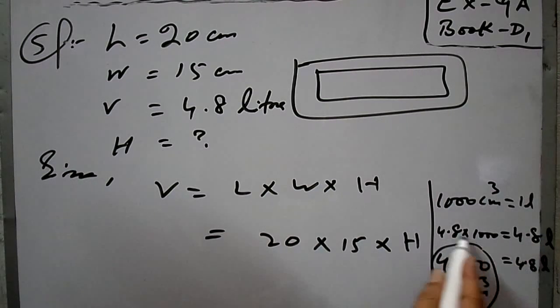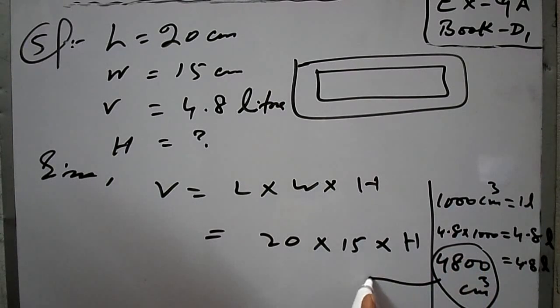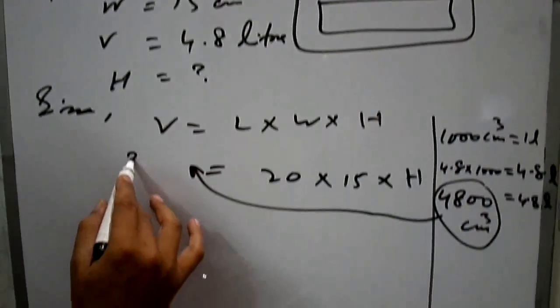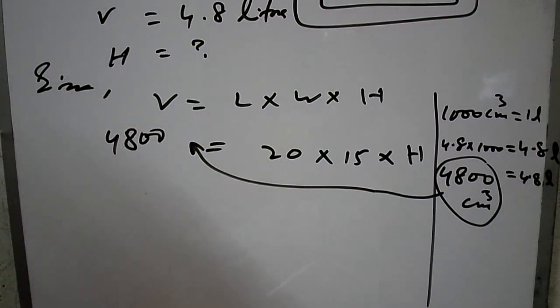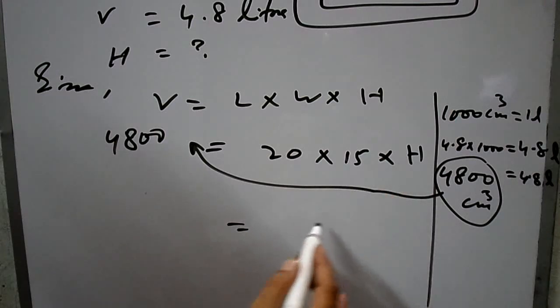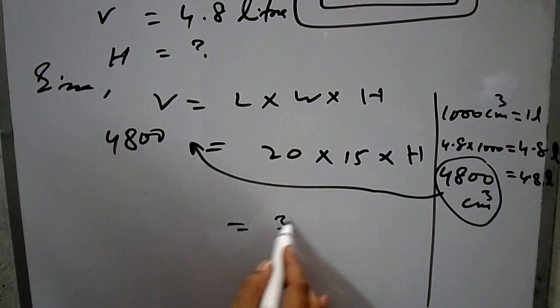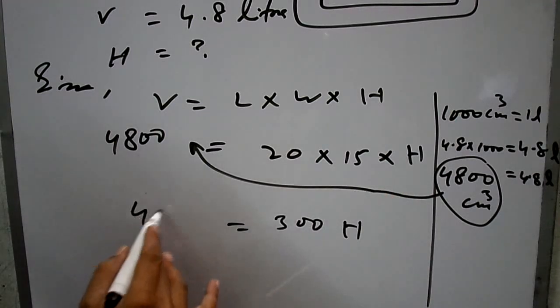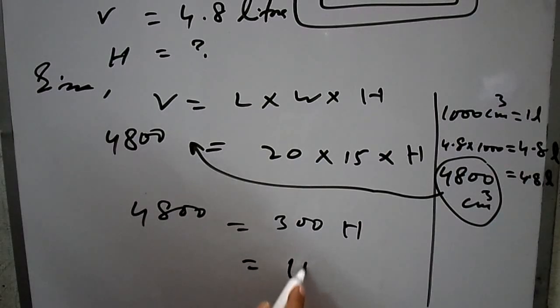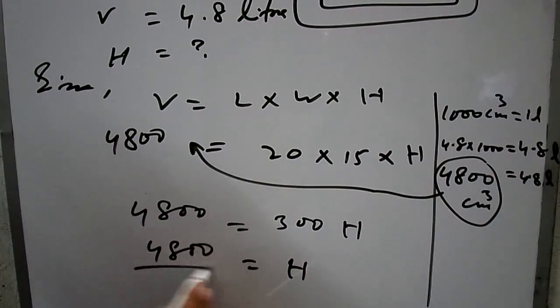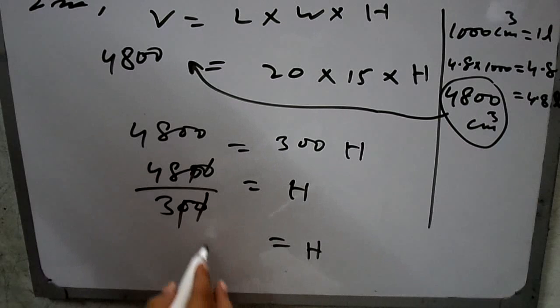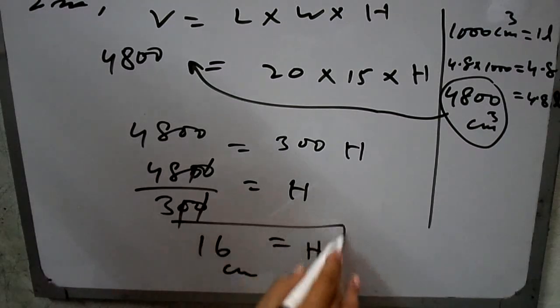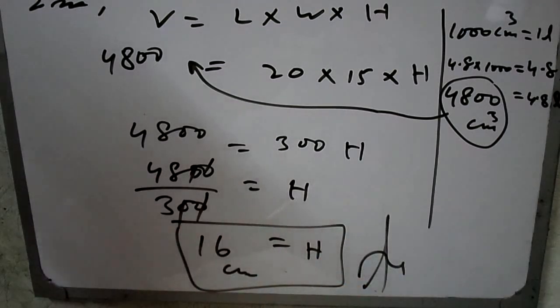You need this value, so put here 4800. Okay, so after simplification you need the height, so that is 300h is equal to 4800, so you need h, 4800 divided by 300, so the 0 will be cancelled, so you will get 16 centimeter is your required height.